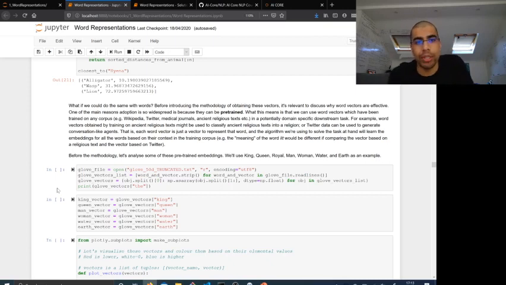Or Twitter data could be used to generate conversation-like agents, because it's a very informal language. Each word vector is just a vector to represent that word, and the algorithm we're using to solve the task, whether it's the classification of ancient religions or the generation of conversation-like agents, will learn the embeddings of the word based on their context in the training corpus.